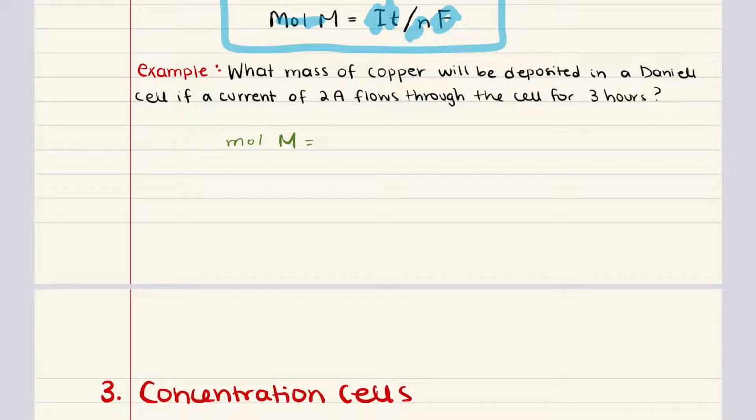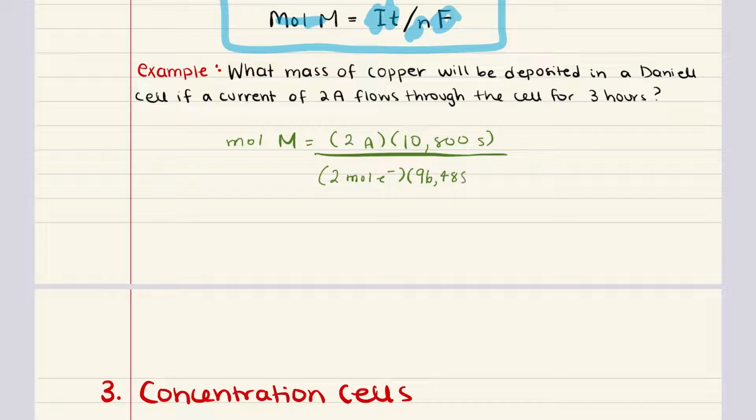So we can go ahead and begin to plug things into our equation to calculate mole M. The current is 2 amperes. The time is 10,800 seconds, and that's going to be divided by N. N is equal to 2 moles of electrons, and that's multiplied by Faraday's constant, which is 96,485 coulombs per mole of electrons.